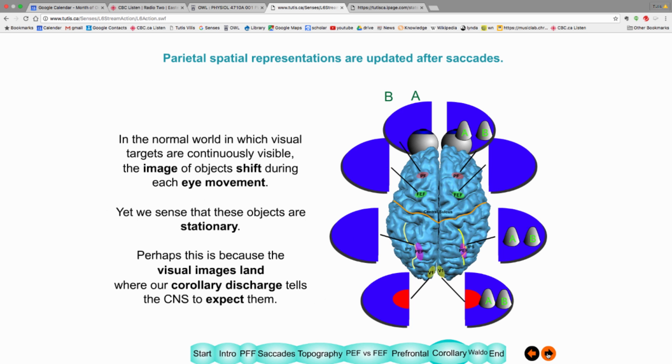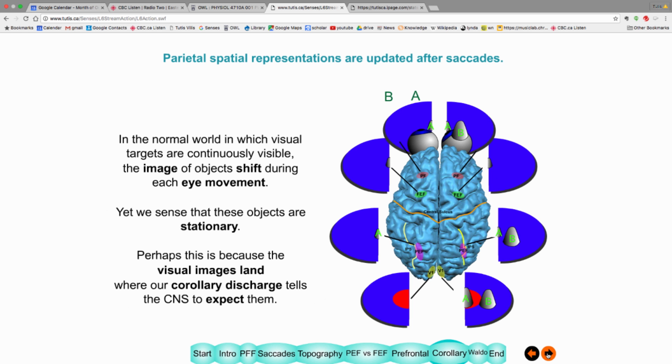And so that's very useful because every time you move your eyes around, objects get shifted all over the place on your retina, and yet you know everyone in the room is staying still. So even though they're moving all over your retina, you have this sense that people in this world are stationary.